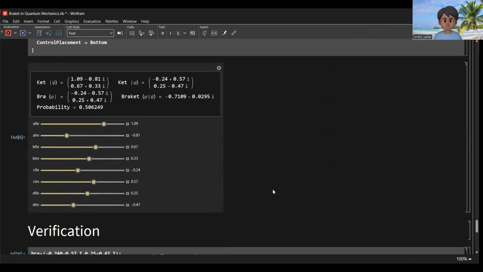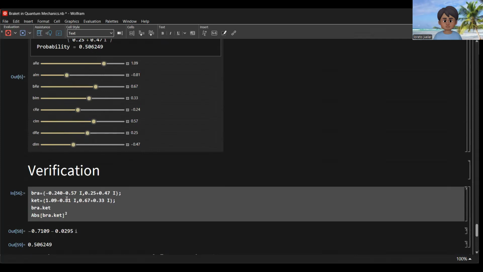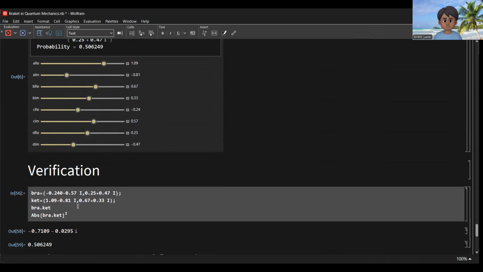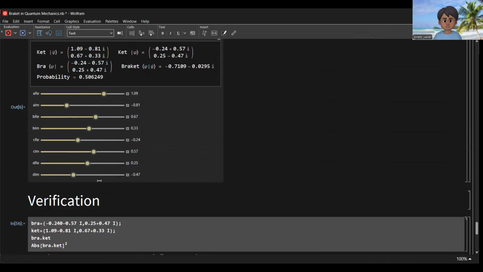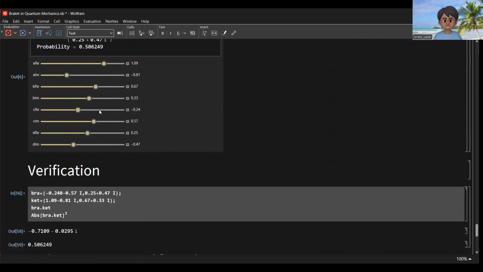So we have an example here. By verification, we have the ket 0.24 and 0.57i, negative 0.24, negative 0.57i, and 0.25 plus 0.47i.